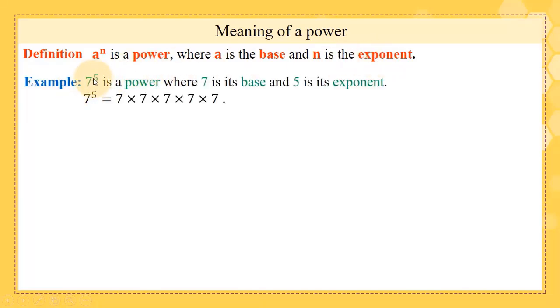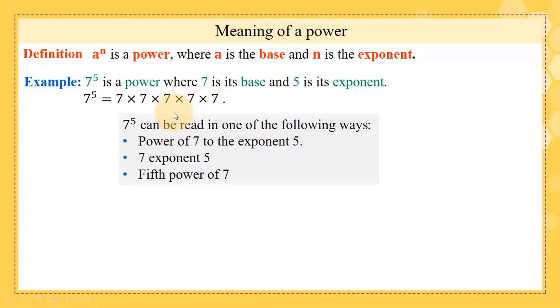Example, 7 exponent 5 is a power where 7 is the base and 5 is its exponent. To find the value of 7 exponent 5, we write it in the form of a product of 7 five times. And to read 7 exponent 5, we can read it in one of the following ways: power of 7 to the exponent 5, 7 exponent 5, and fifth power of 7.